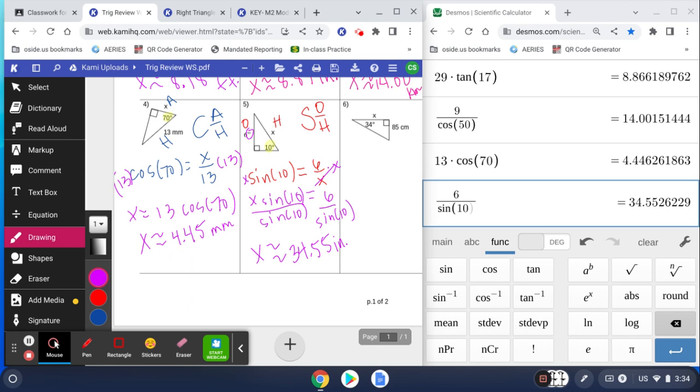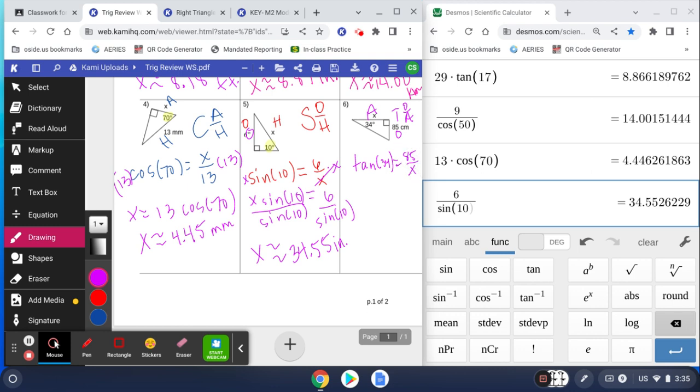Okay, which one doesn't use any H? See how there's no hypotenuse given? You got it, it's the TOA, because this is opposite of the 34 and this is adjacent to the 34. So I say tangent of 34 is equal to opposite over adjacent.